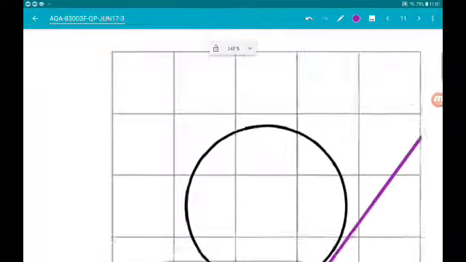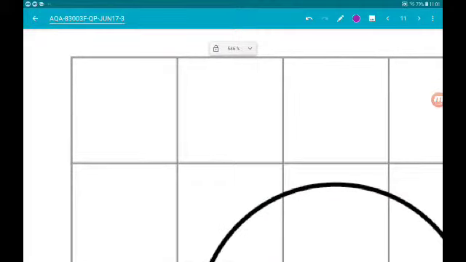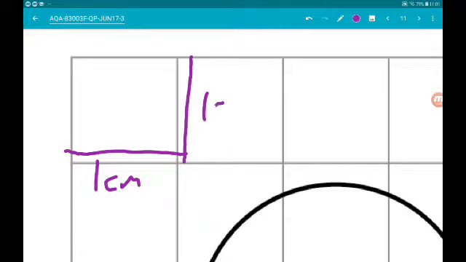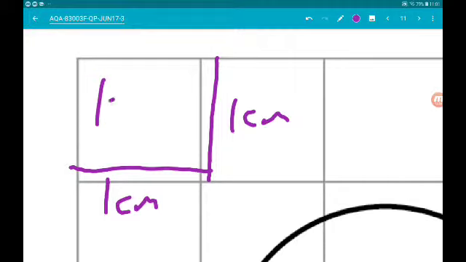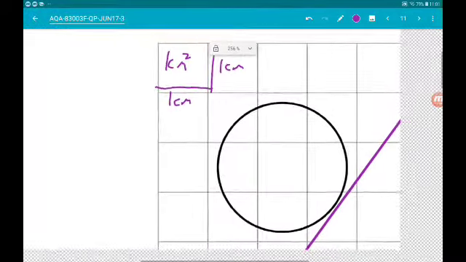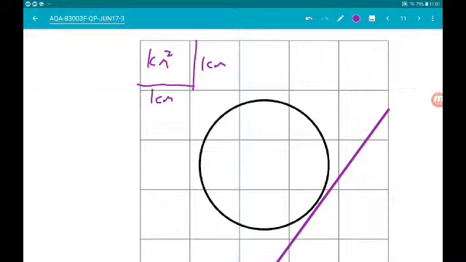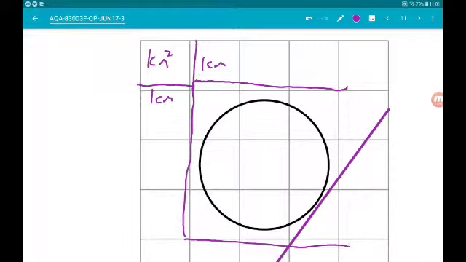Right, we are on a centimetre square grid. So that means the lengths are 1 centimetre. That means the area is 1 centimetre squared. Now we can see this circle lives inside a 3x3 square.